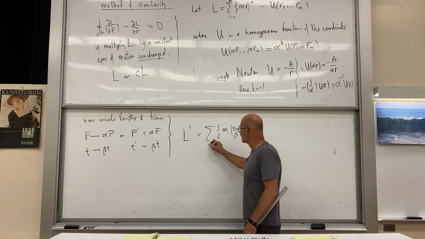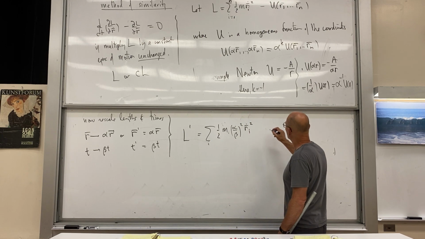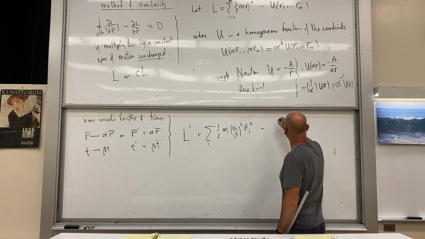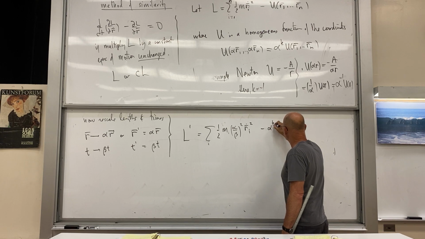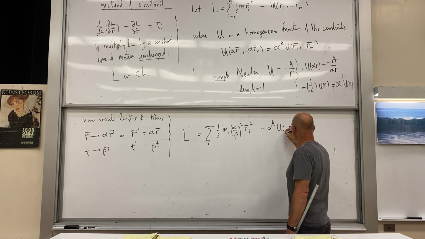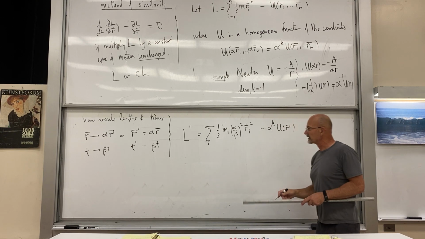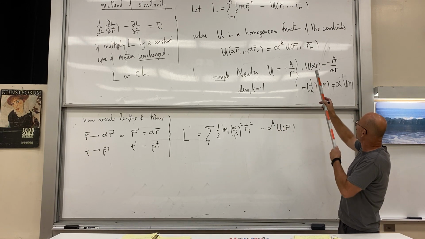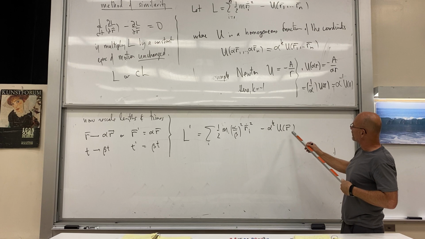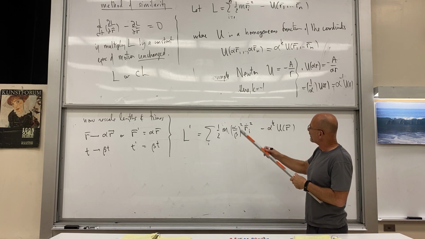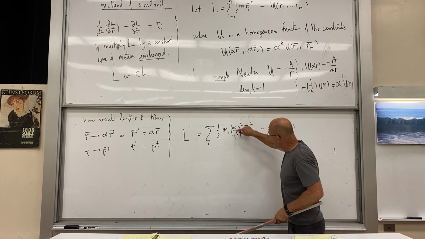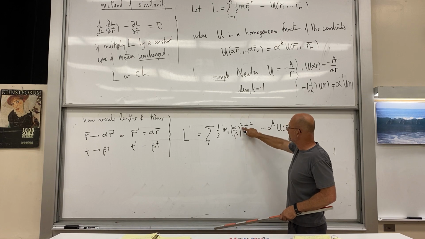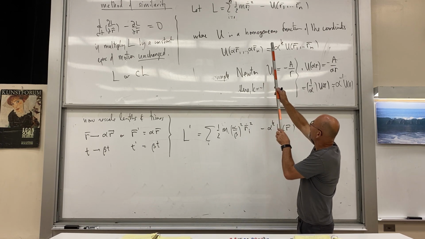And then when we get to the potential energy, it's minus alpha to the k U of R, the transformation we just talked about. But since we rescaled lengths and time, we had alpha over beta squared because it's quadratic up there.